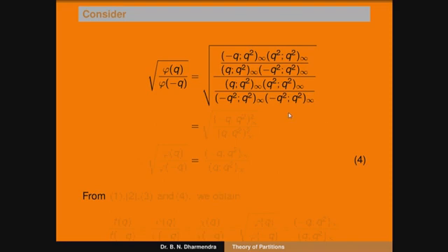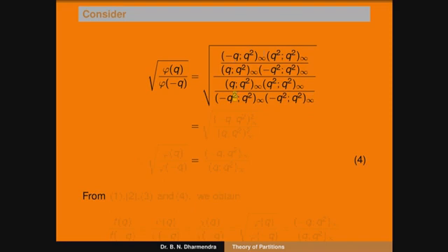When I replace q by minus q, phi of minus q becomes (q; q squared) infinity into (q squared; q squared) infinity divided by (minus q; q squared) infinity into (minus q squared; q squared) infinity. This one is not q squared, it is only minus q, that was a typing error. So we can cancel the corresponding terms here.